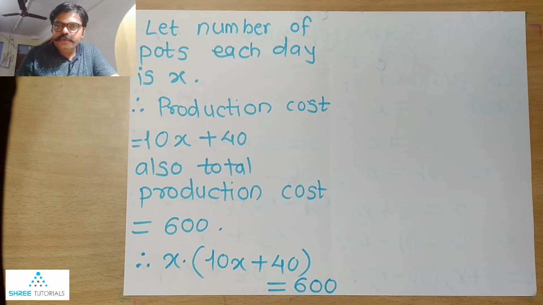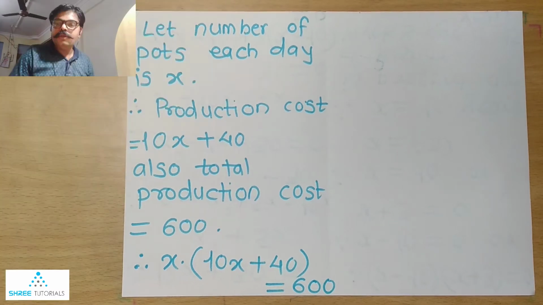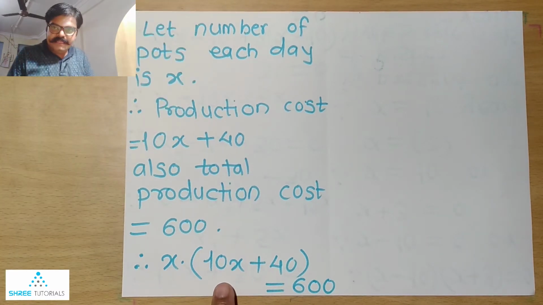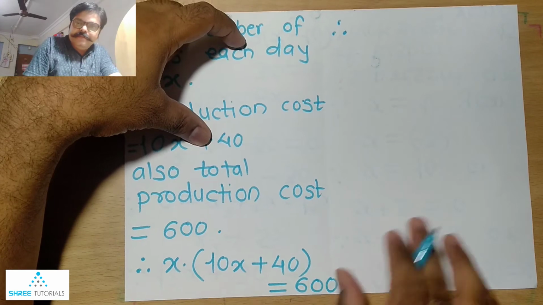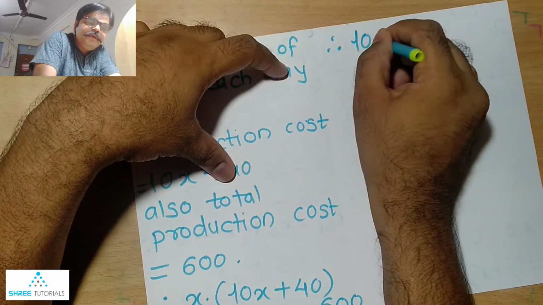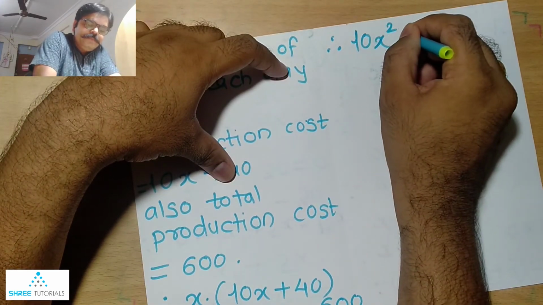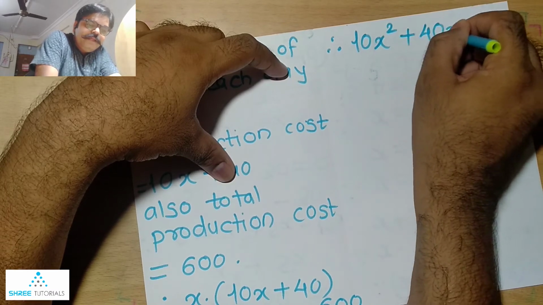Now what exactly are we going to do? We are just doing the regular algebra and we are going to solve it. This x will multiply the 10x and it will also multiply the 40. So things are going to look like this: x multiplied by 10x plus 40 gives 10x square plus 40x.